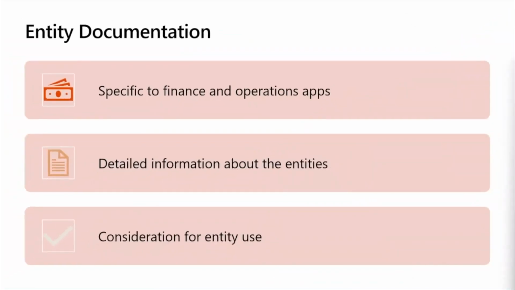Next up is entity documentation. I mentioned entity documentation as one of the examples of the new types of resources that we have been building. In our initial phase, all of the entity documentation is specific to finance and operations apps. Basically, what we've done is organize the entities by their logical entities, like importing customers, for example.